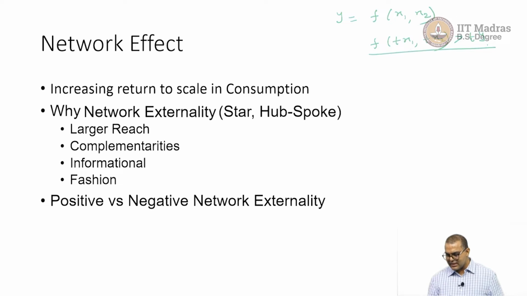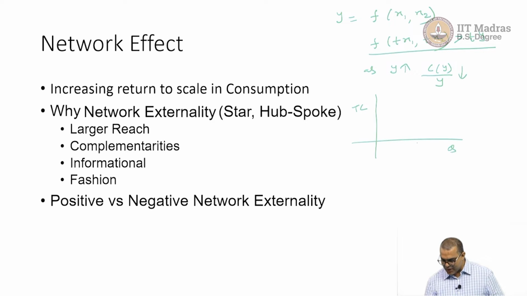So what is the result? As your output increases, your average cost to produce is falling. In other words, let us say here is the total cost and here is quantity, it is going to be like this.